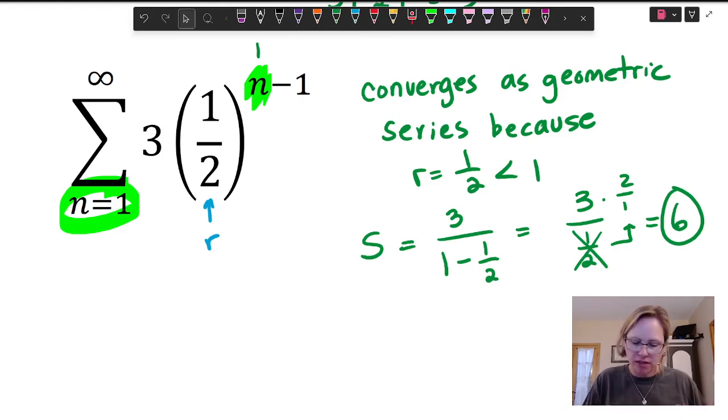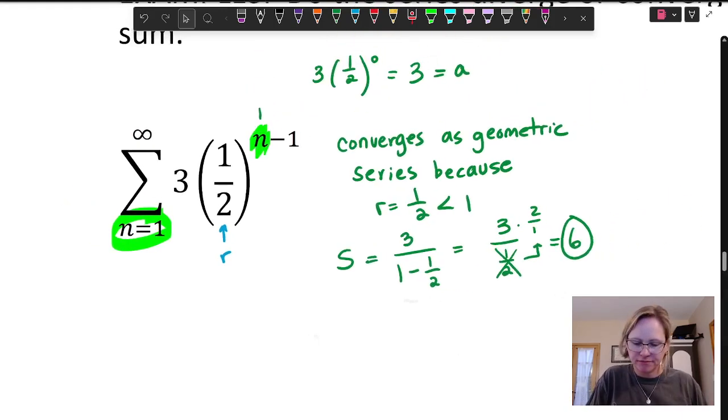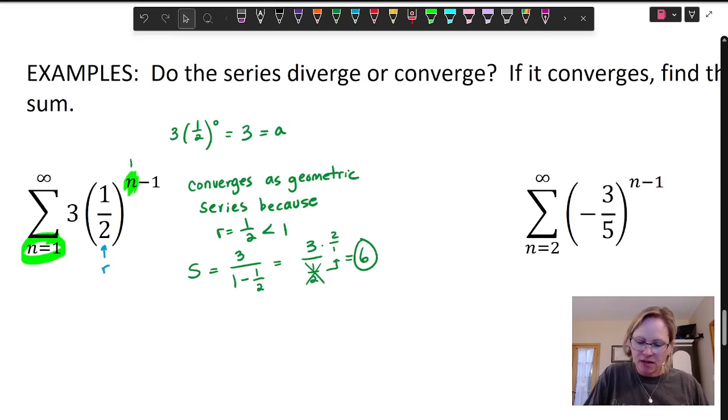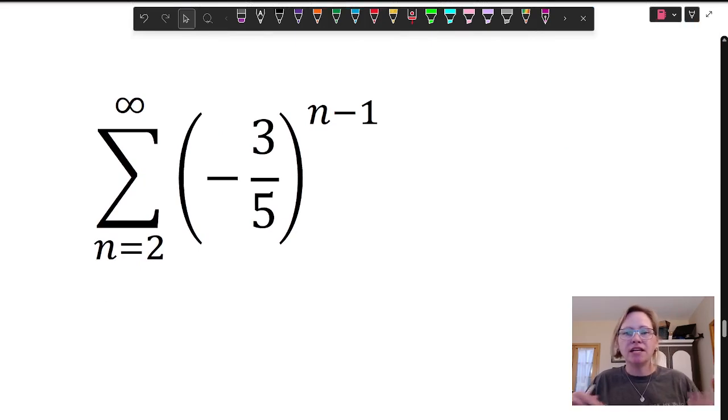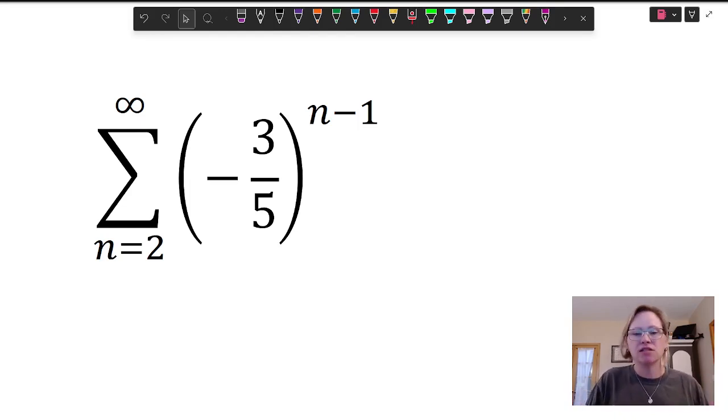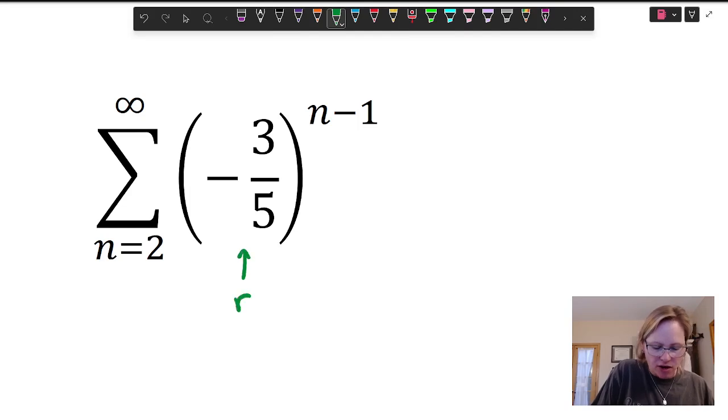So let's keep going. Let's take a look at another series. How about this series right here? First of all, I'm going to identify it as a geometric series. I have something to a power of n. Now, it doesn't matter that the value inside is negative. That's okay. This is still my r value. It's -3/5.